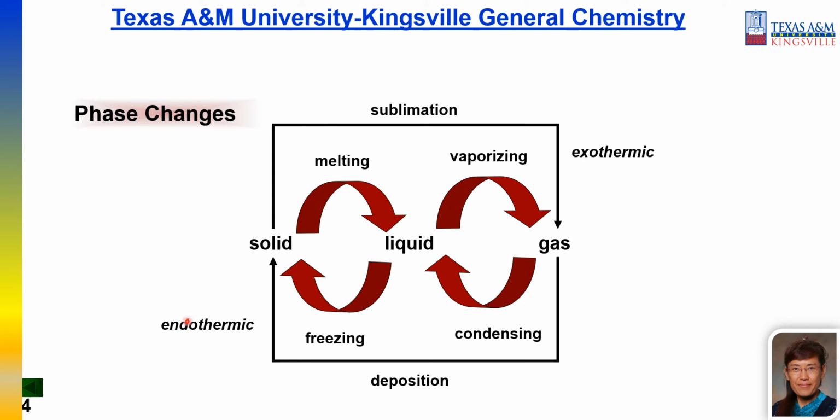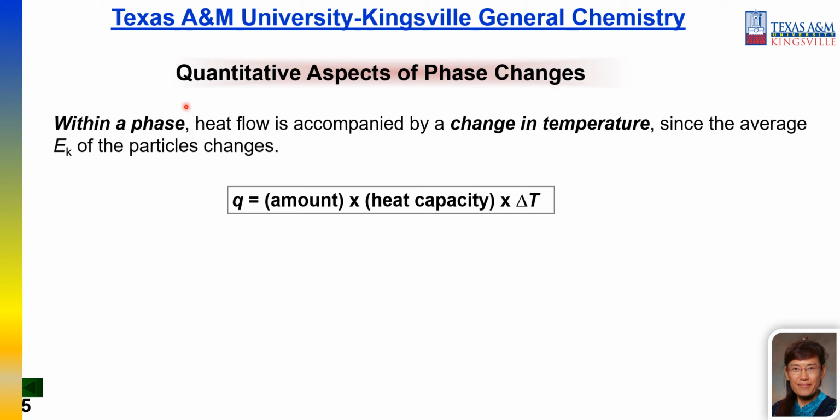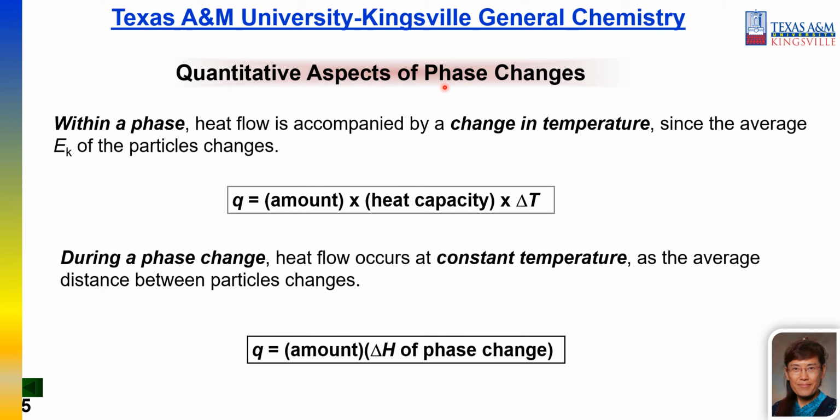This second half of the changes in terms of the phases is normally exothermic. The other part is endothermic. During these different phase changes, some heat is going to be transferred. The quantitative aspects of the phase changes can be denoted by two major processes.